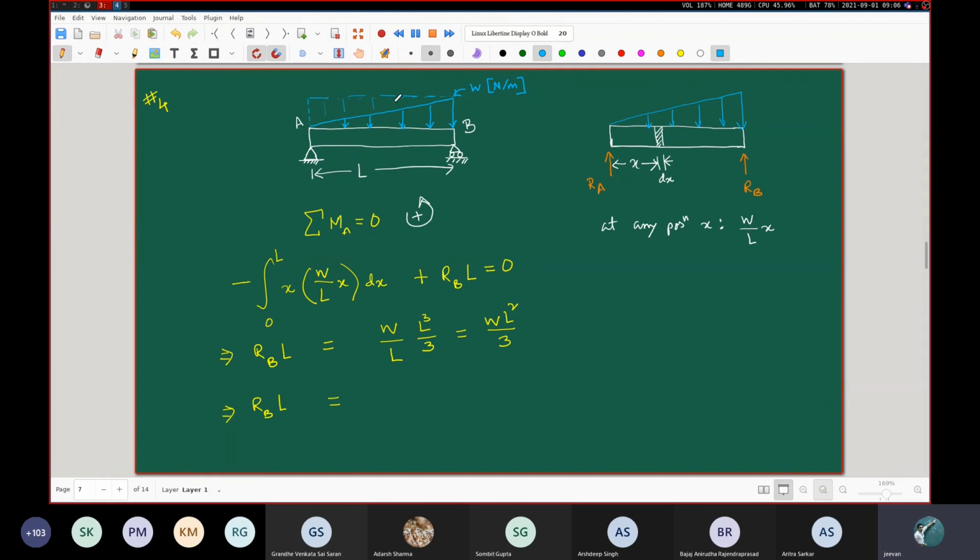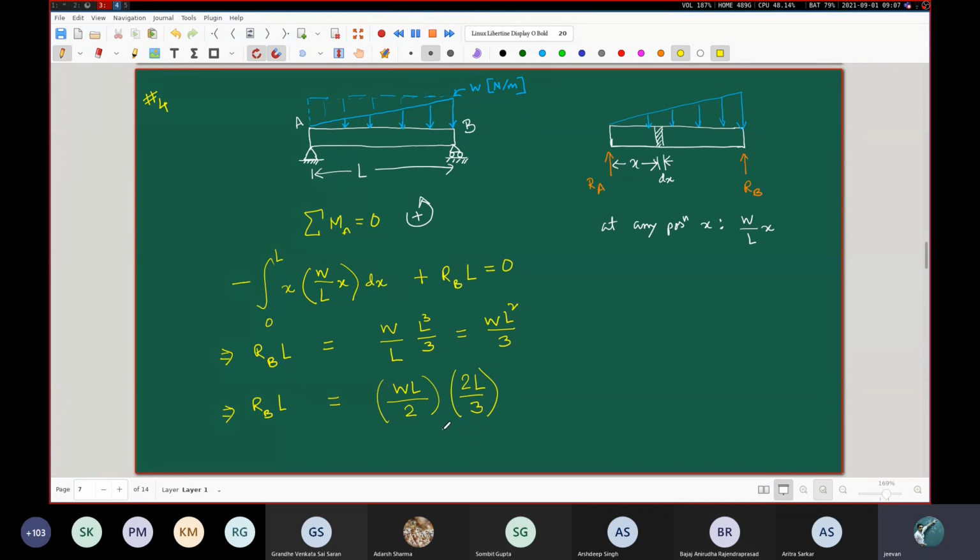Then the entire thing would have been W into L, but now it is just the half contribution from it. So it is W L by 2. So W L by 2 is the total force which is being exerted due to this triangular distributed loading. If I write like this, in order to adjust with this expression, what do I have to do? I have to write this as twice L by 3.